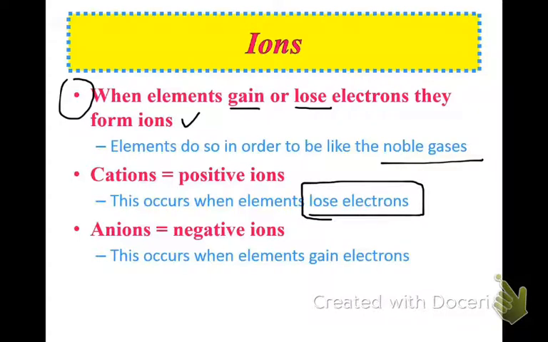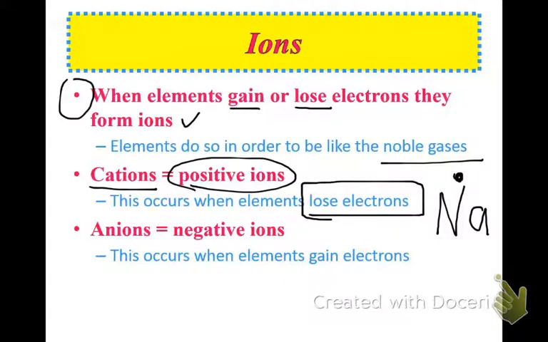For example, sodium has 1 little valence electron. So, it might lose that in order to become happy. So, it would become a cation, and yes, it's pronounced cat-ion, not cay-shun. So it would become a positive ion.